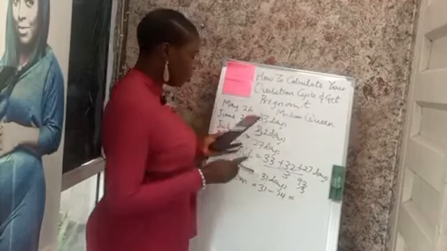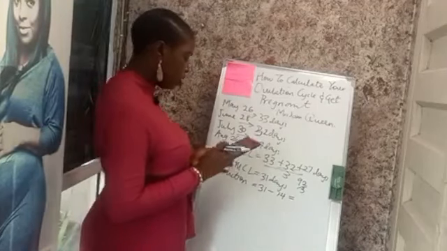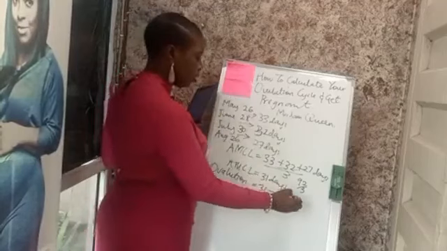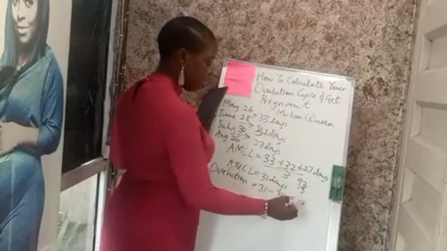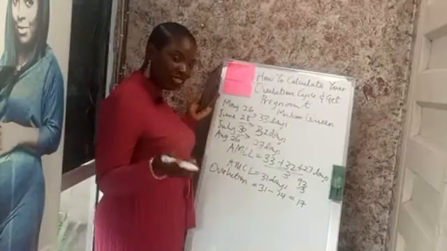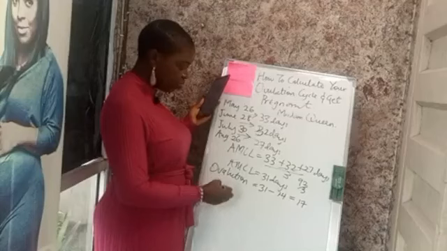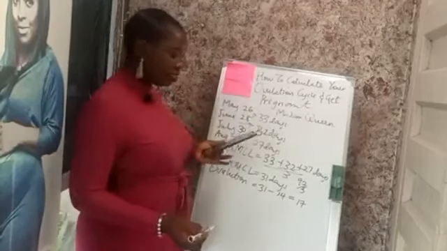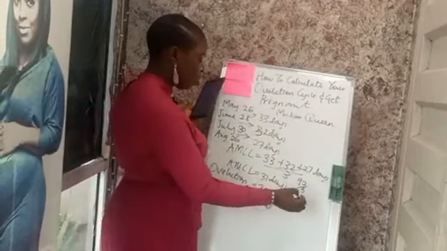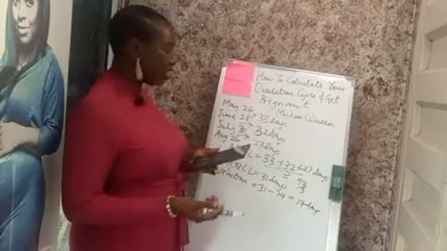So this will be the 17th day into our next cycle. So ovulation day will be 17 days into our next cycle. So let's see what that will be in real time.